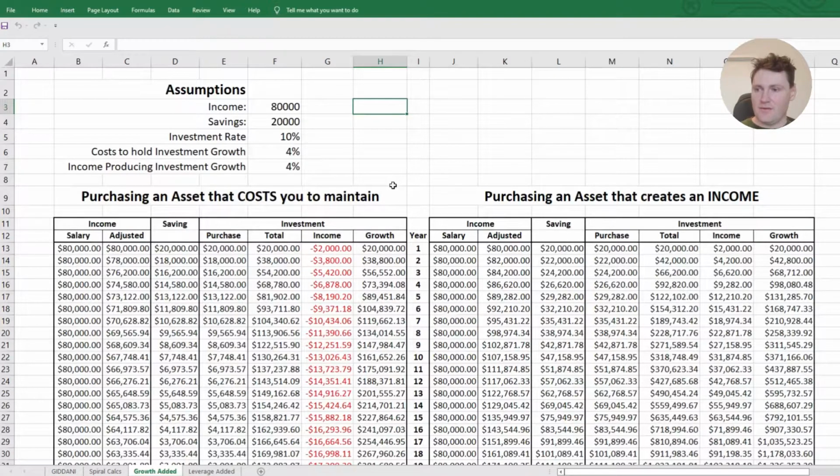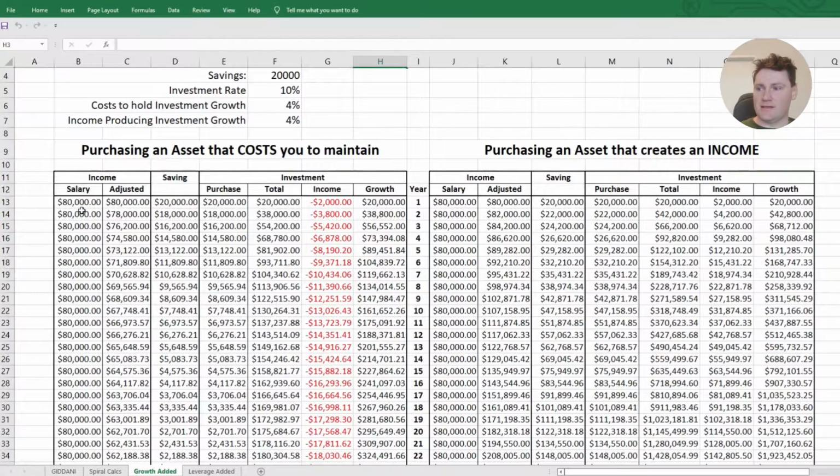But how it works is none of your income, savings, or purchasing and investments change. But now what we're doing, we've added an additional column in. This column here, the growth column for the investment, takes a look at if the asset that you existingly hold was to grow at an average rate of 4%, which is what we've specified above, what does that do to your net worth over 30 years?